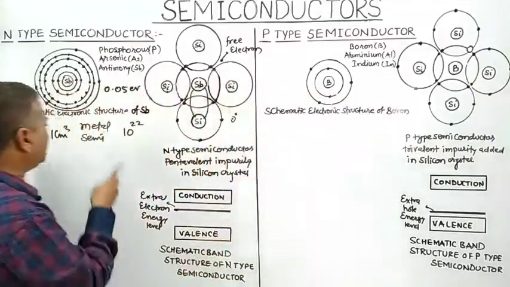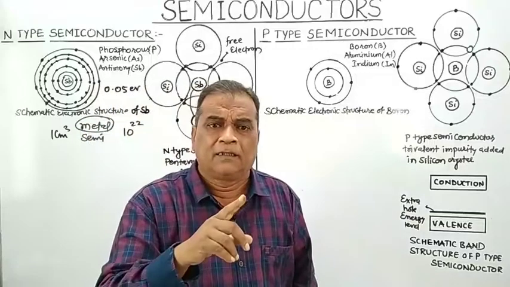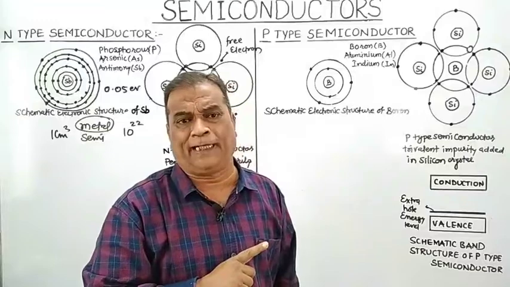And as far as metals are concerned, every metal atom at least will donate one electron as a free electron.